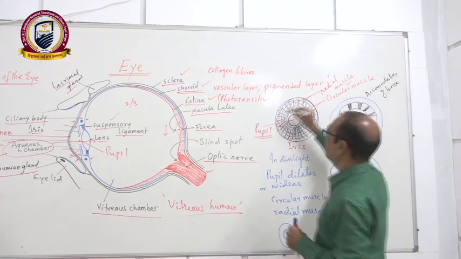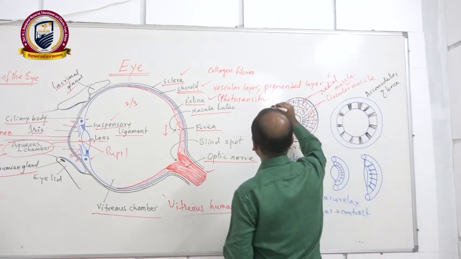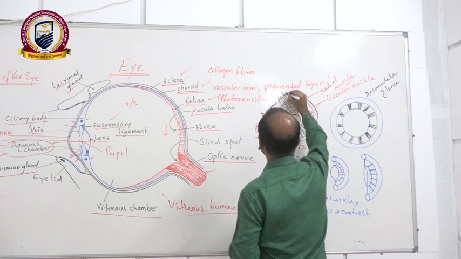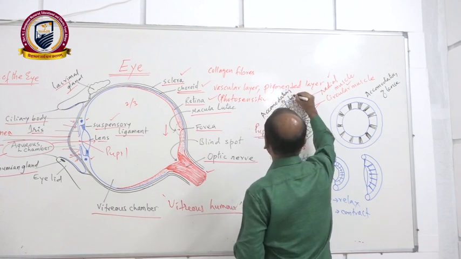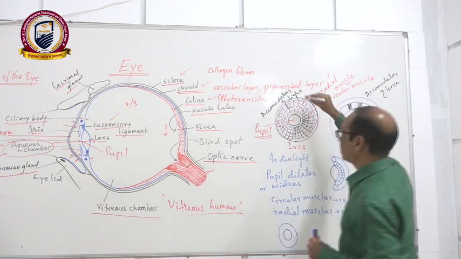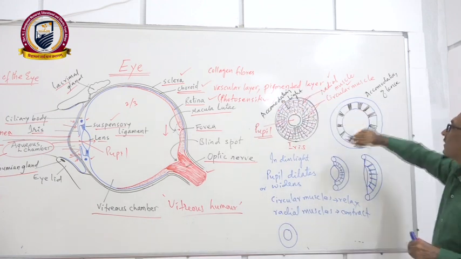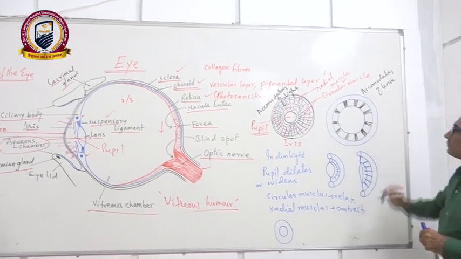So till now we have seen accommodation of light, which is brought about by the muscles of the iris, and now accommodation of lens.